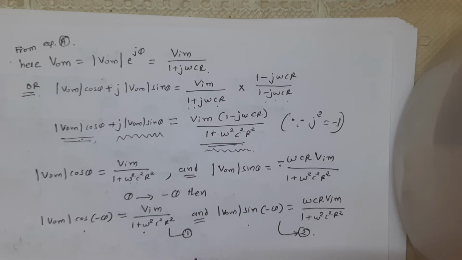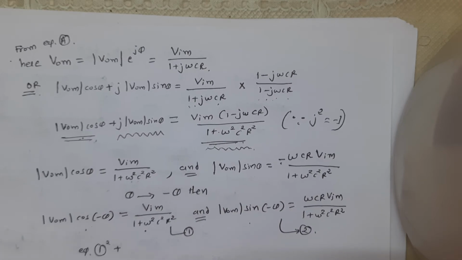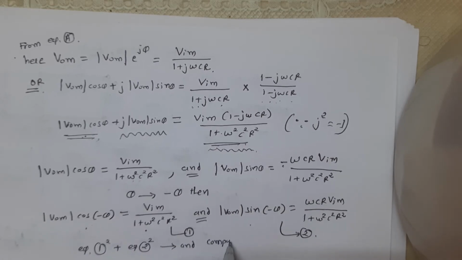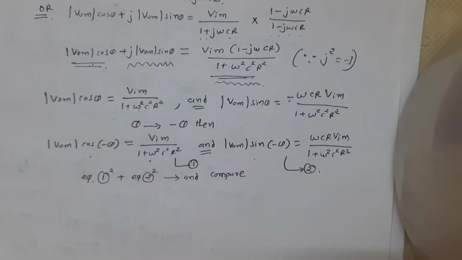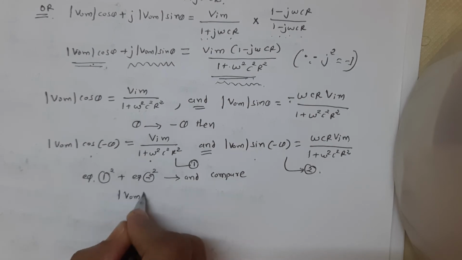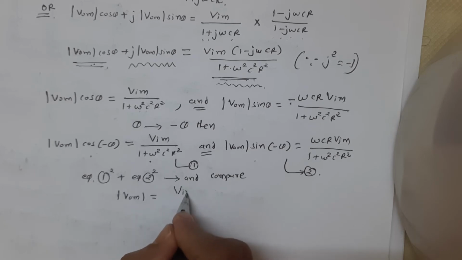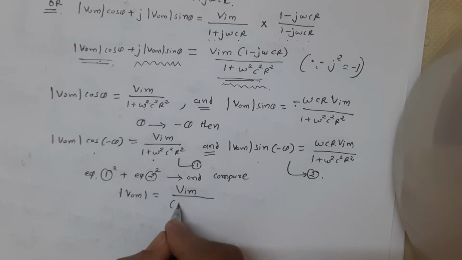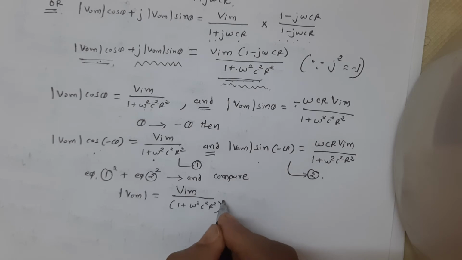So from this, taking equation 1 square plus equation 2 square and comparing, we get that modulus of VOM is equal to VIM upon 1 plus omega square C square R square, raised to 1 by 2.